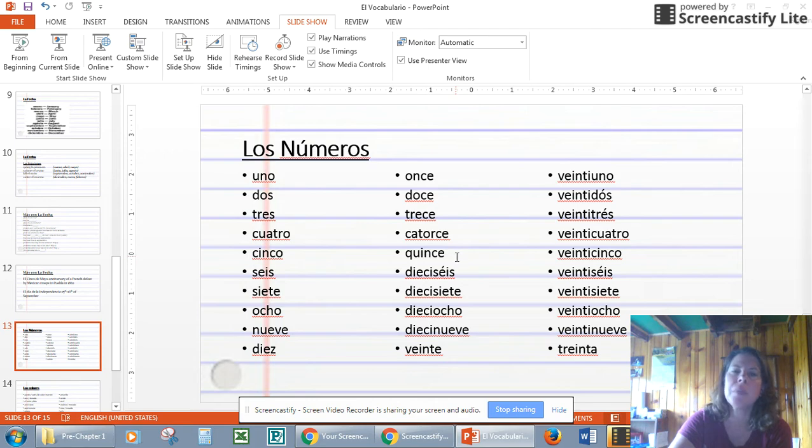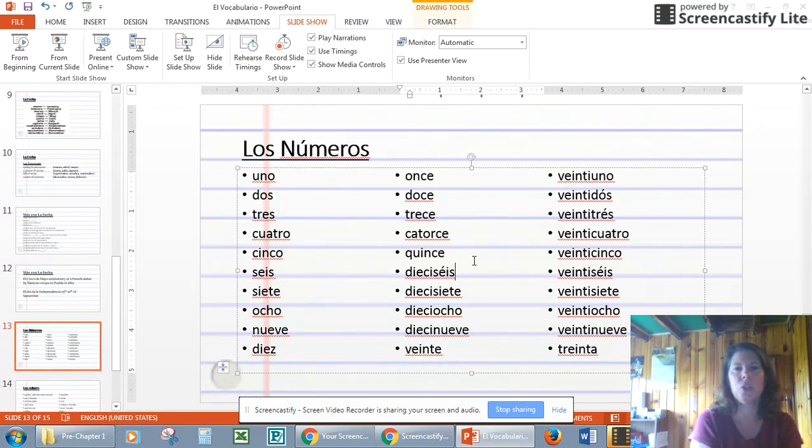But then very simply, as we continue counting, we just take diez, and you could write it 2 ways. You can combine them like this, or you can write it out diez y 6.